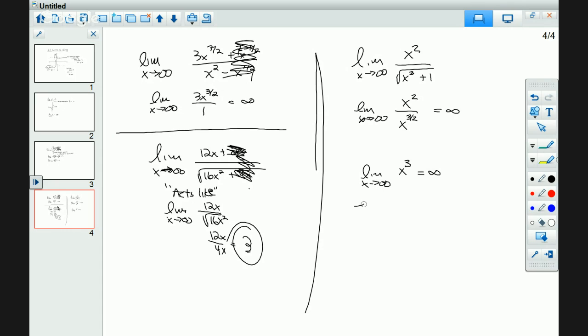What about this? These are odd exponents, right? Negative times a negative times a negative. Okay, what if I had some squared there? No. This is x squared, that has to be positive infinity. So pay attention to your exponents. Okay? Sometimes it makes you switch sides.